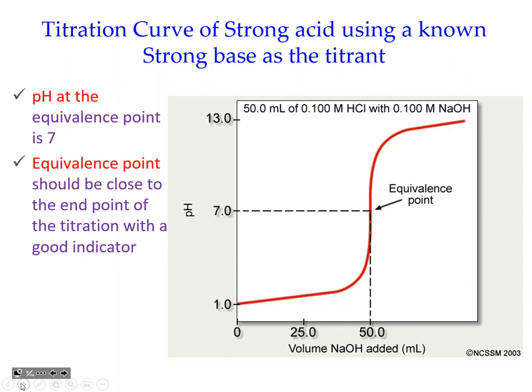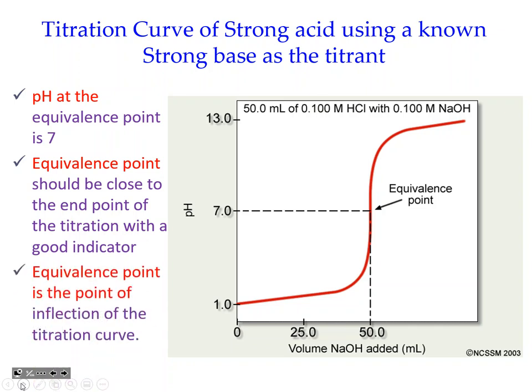So if you chose a good indicator changing at the right pH, your endpoint will hit your equivalence point and be almost completely accurate. Last but not least, the equivalence point is the point of inflection on the titration curve. This long vertical point, like so, gives us our 7 here on our titration curve.